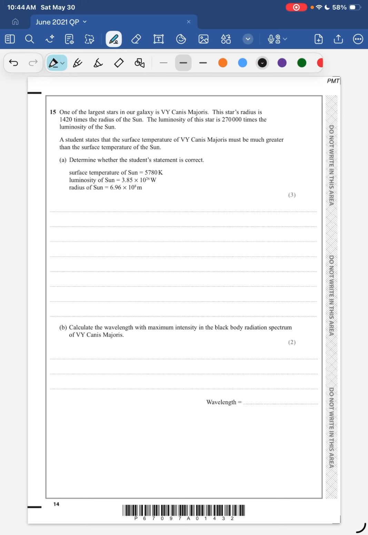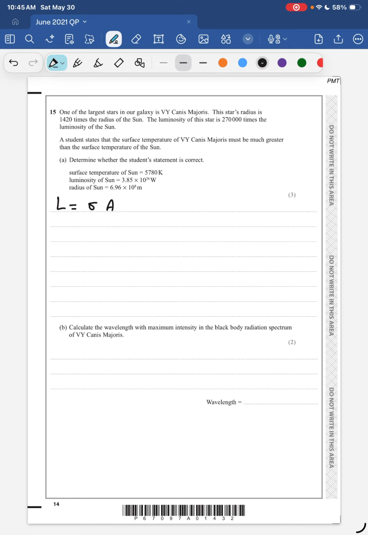Okay, so let us start by, we pretty much have to calculate the surface temperature of Canis Majoris. So let's use the Stefan-Boltzmann law for the luminosity.